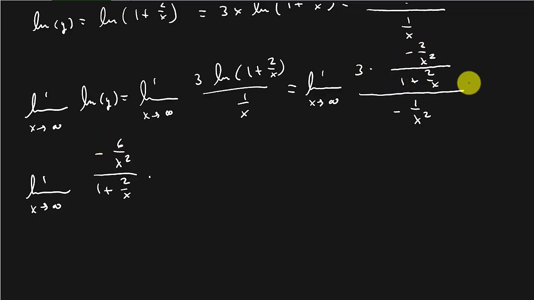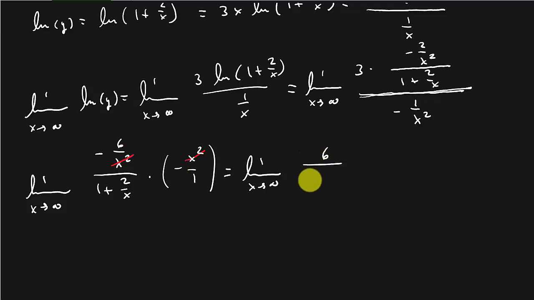So I've got this written down, and then divided by this, or we can say times the reciprocal of that. And then what happens here is this x squared and this x squared cancel. And so we're left with the limit as x goes to infinity, and a negative times a negative is a positive.